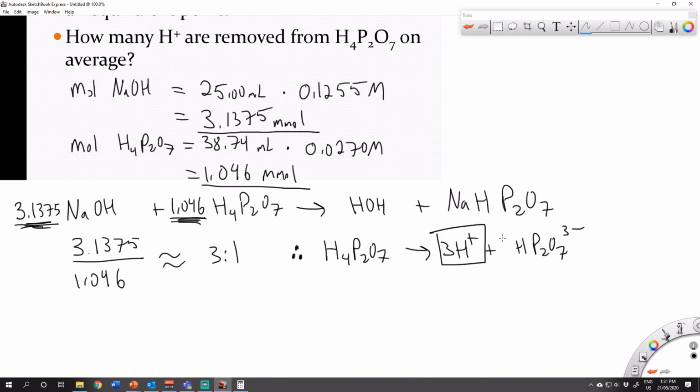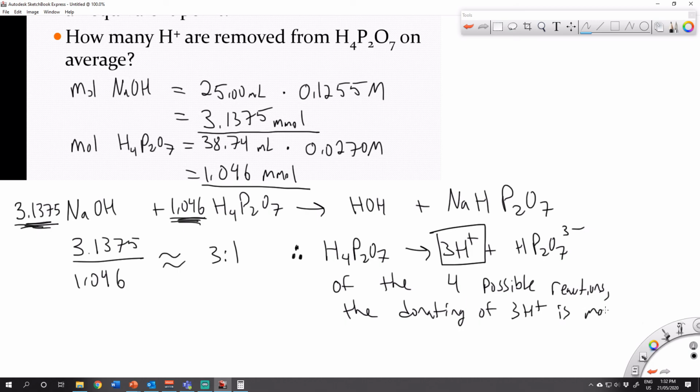So this means that of the four possible reactions, the donating of 3 hydrogens is the most common.